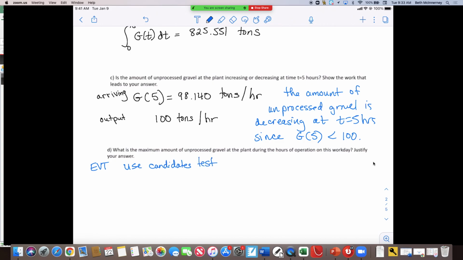I'm going to pause a moment, and I want you to try this. You need your endpoints, so that's 0 and 8. And then what else do we need to find to test? The relative maximum, okay? And that will be where G prime of t equals 0. So let me give you a moment to see if you can set that up.